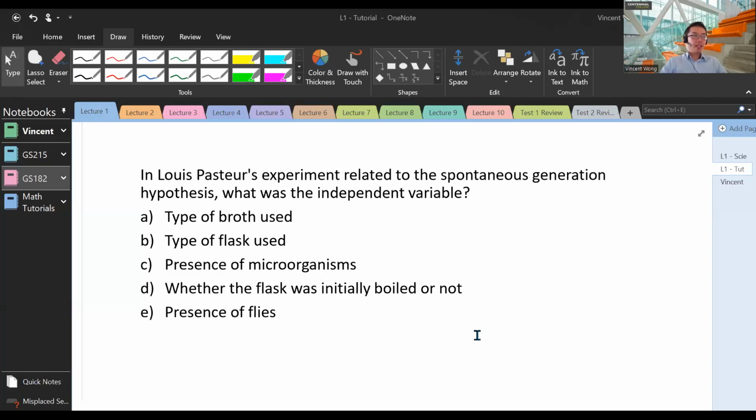By the way, I have enabled auto captioning. So if you need captions of what I am talking about, you can turn that on in Zoom.